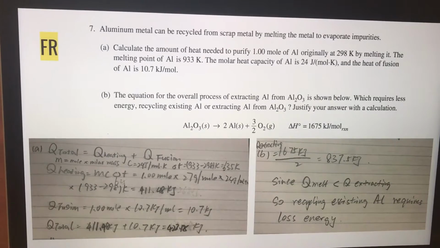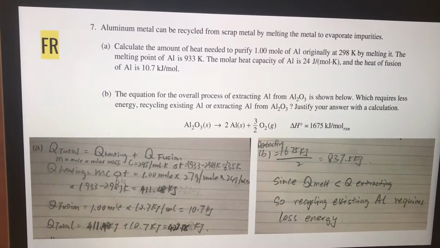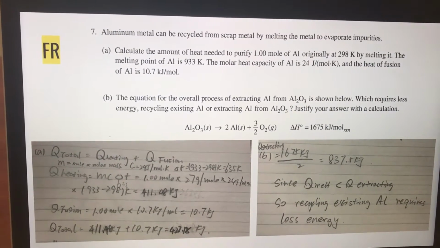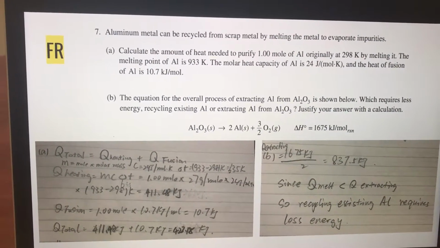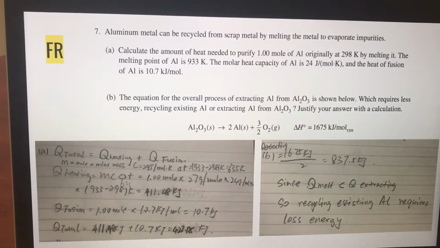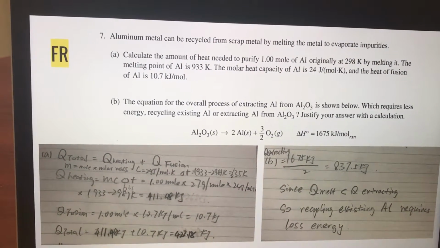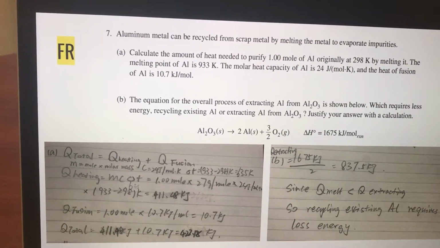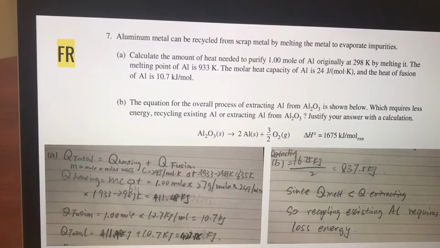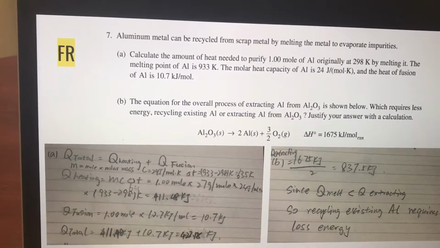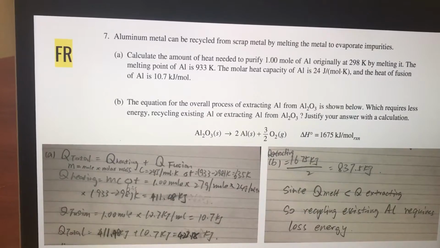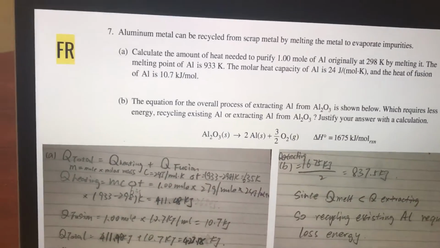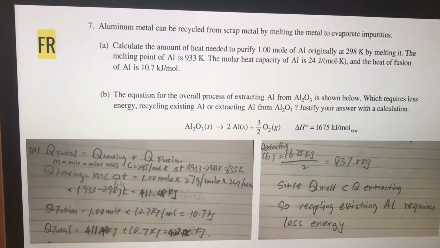However, m was not given, but we can solve it by multiplying the mole of aluminum by the molar mass of it, which equals 1 mole times 27 grams per mole, times 24 heat capacity, and times 635 Kelvin delta T, which we finally get for 11.48 kilojoule.